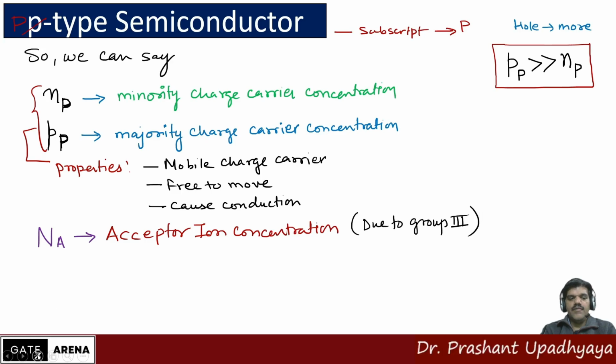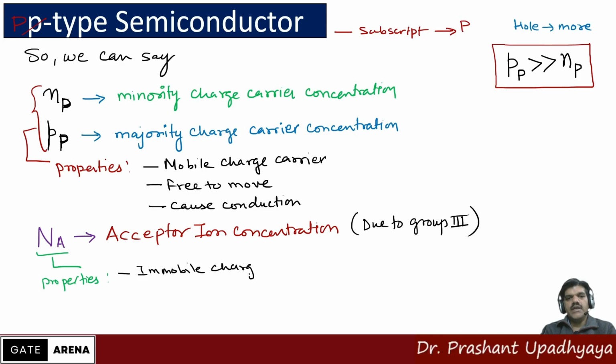And again, when we are talking with respect to the properties, as we have discussed for the n-type semiconductor, we again say these acceptor ions are immobile charge carriers.